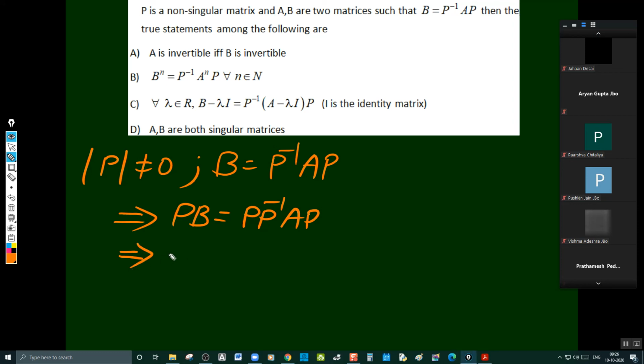Then PB is equal to PP inverse, which is I, into AP. But whenever identity matrix is multiplied by any other matrix, you will get the same matrix. That is the reason why it is said to be identity. So I into A becomes A only. PB is equal to AP we have got. Now from this one you have to decide.